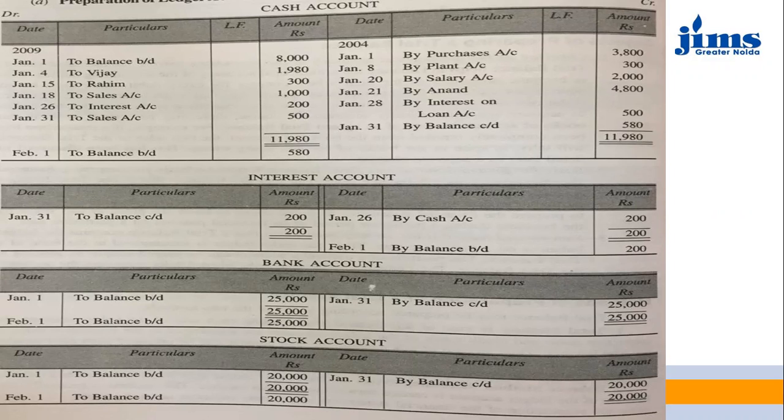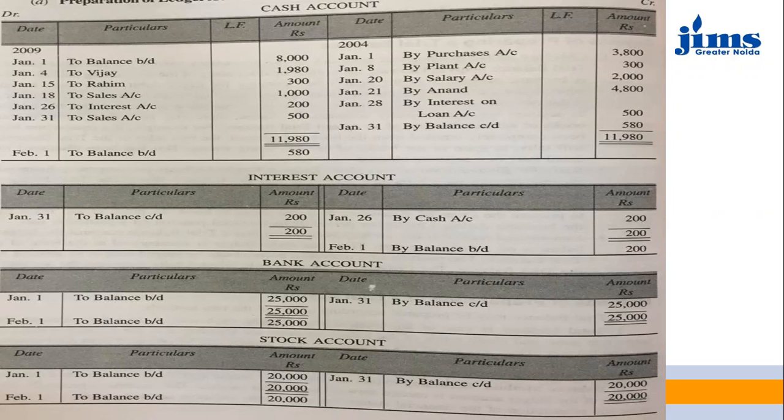If you remember, in the previous session when we were discussing the balancing of the ledger accounts, I told you that we will take this up in detail when we actually prepare the ledger accounts. Now we have already prepared all the ledger accounts for the question that we were solving, so let us see how to balance them.